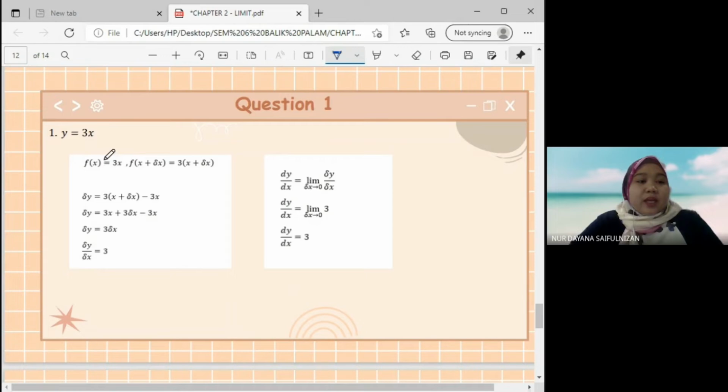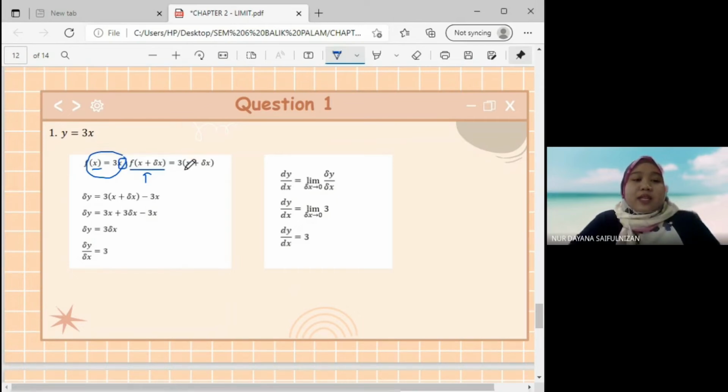Okay, so here the first question, y equal to 3x. y equal to f(x), and f(x) is equal to 3x. And the second one, we have to find f(x plus delta x). So what we change is only at the x.